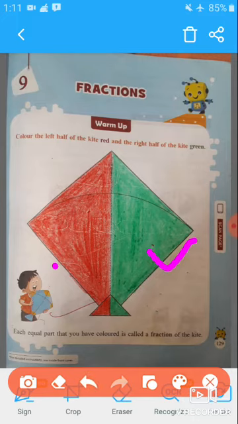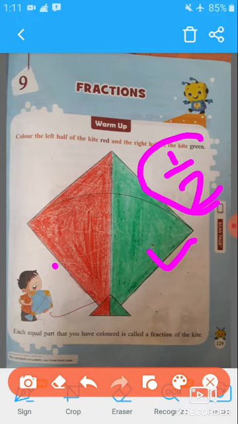So each equal part that you have colored is called a fraction of the kite. So students, this was the fraction of kite. So you can write it as 1/2.